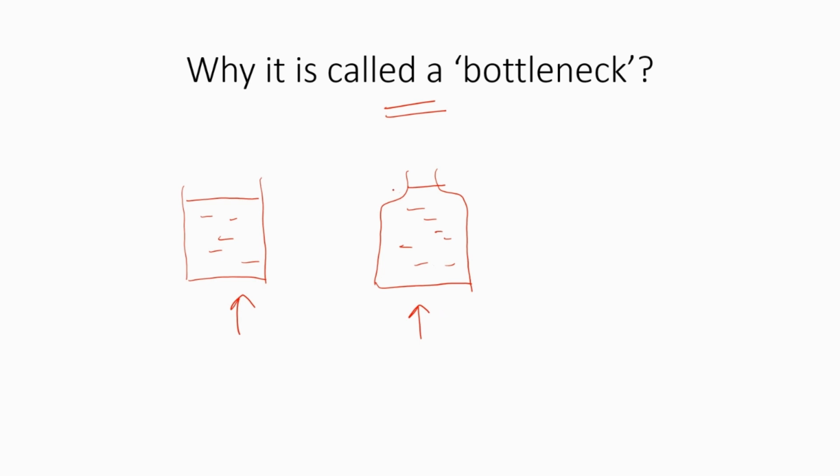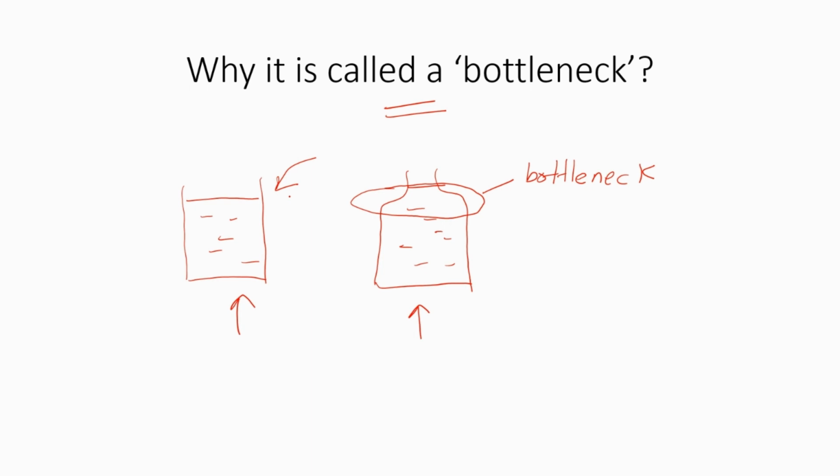Why? Because there is a bottleneck here. This is the neck of the bottle, so this is known as the bottleneck. This bottleneck restricts the amount of water that can flow out from this bottle. Whereas in this glass of water, there is no bottleneck.